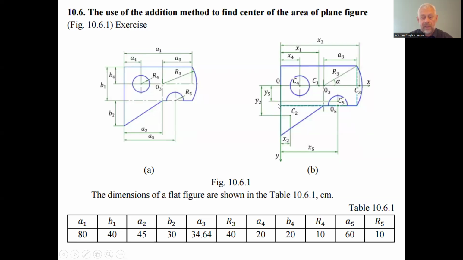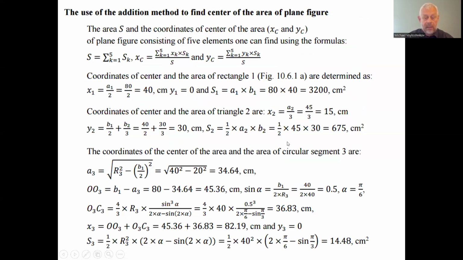So we will have half of the width of the rectangle plus one third of this leg, and this will be the ordinate of C2, and the abscissa will be equal to x2. The triangle area is just half of the product of the two legs, 675 centimeters squared. And the coordinates of the center of the area of triangle 2: x2 is a.